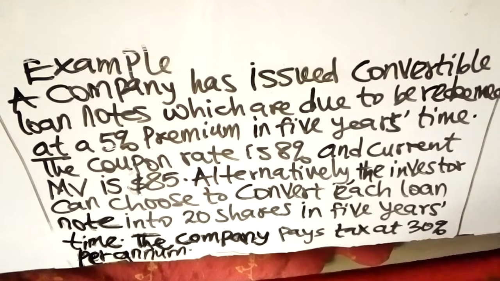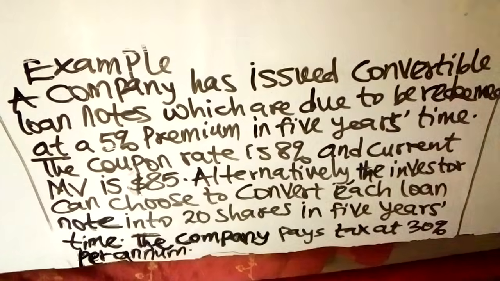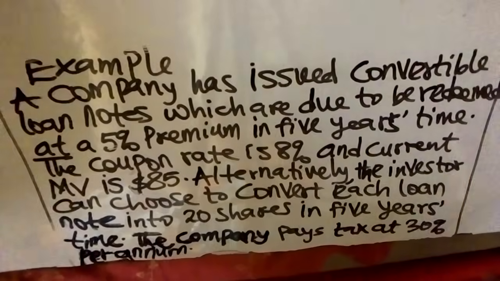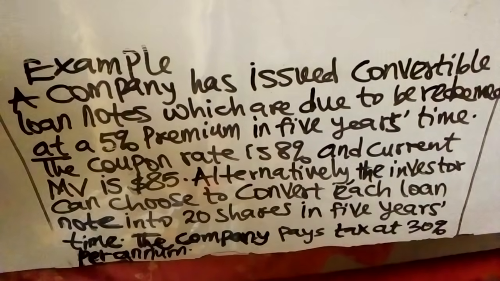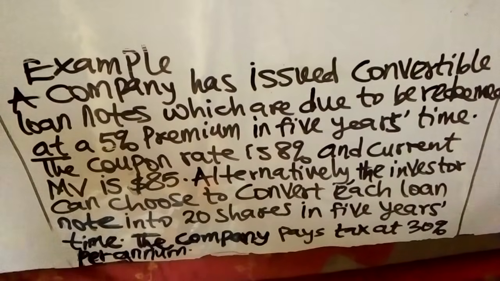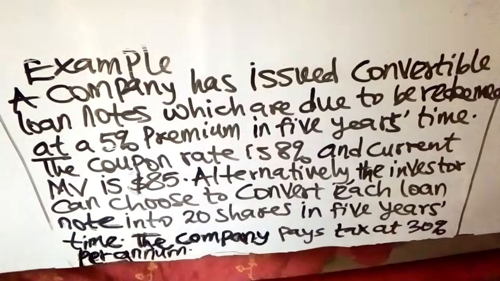Alternatively, the investor can choose to convert each loan note into 20 shares in 5 years' time. The company pays tax at 30% per annum. So you want to calculate the cost of convertible debt.